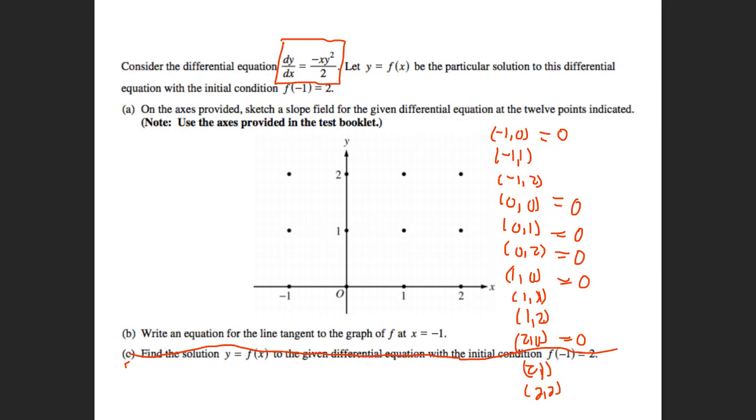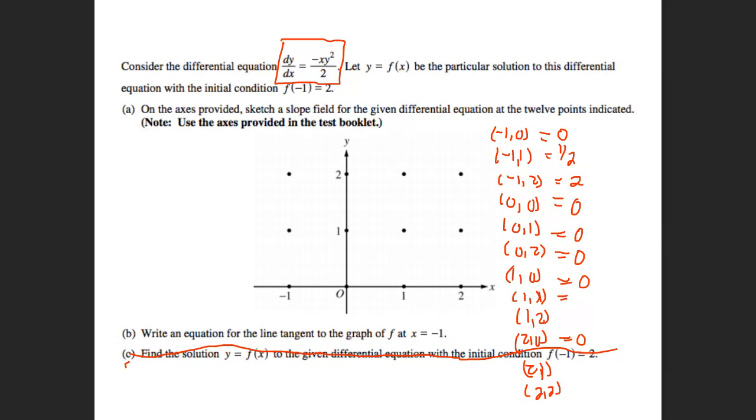I might as well just put those easy ones in there. And then how about -1, 1? What would that be? 1/2? Agreed. How about -1, 2? 4/2 or just 2? Now we know all of these are zeros.